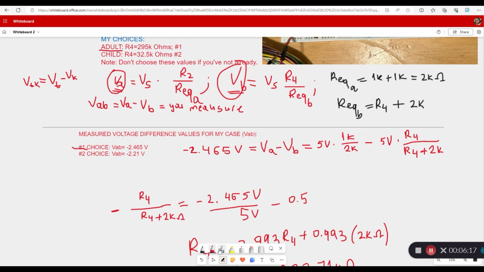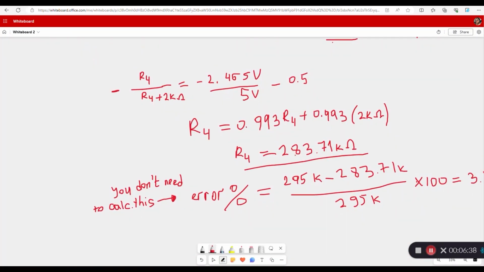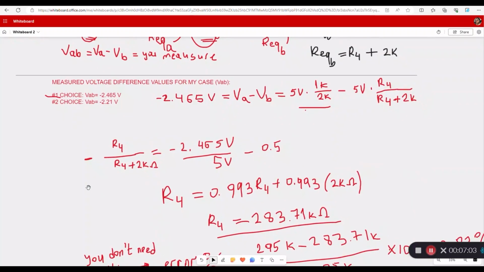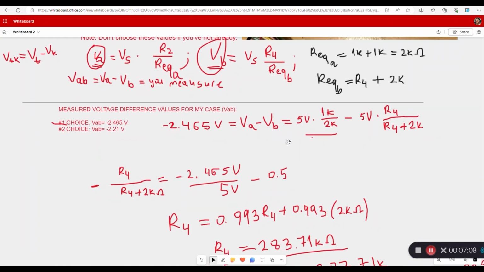On top I just bring them here, 5 volts 1K over 2K minus 5 volts R4 over R4 plus 2K, and just doing the algebra I finally get my R4 283.71 kilo ohms, and that's about with an error of 3.83. So this is how you calculate your R4, and you need to do another calculation for your second choice. The similar way, you only need to change this value.